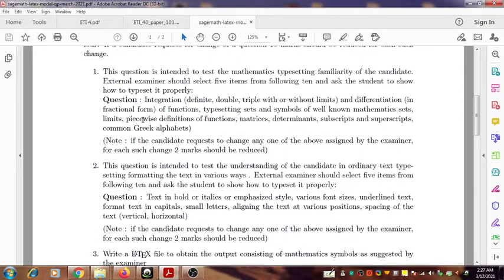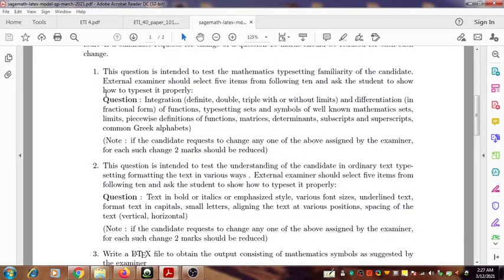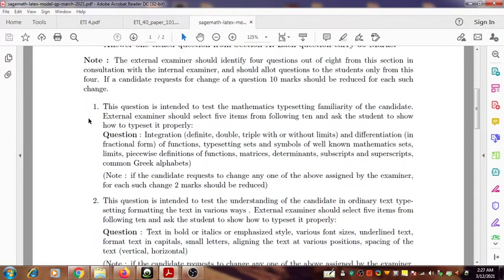Here you can see 4 numbered items, but actually they are not questions. This model question paper tells us the structure of the question paper, and not the questions. Actual questions are not given here. One of them will be ticked and given to each student.